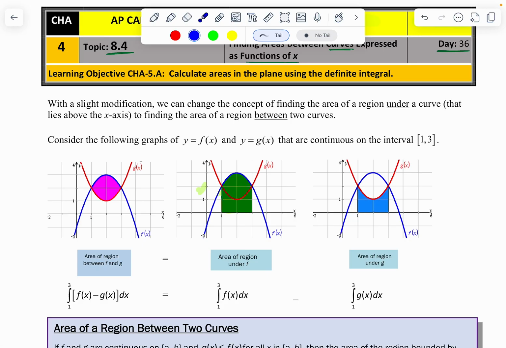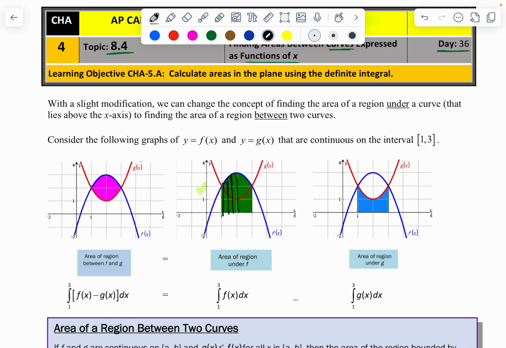Well, now what if we wanted to find the area between two curves? Basically, we're still going to use rectangular approximations. If you remember, for this guy we used to think of Riemann sums.